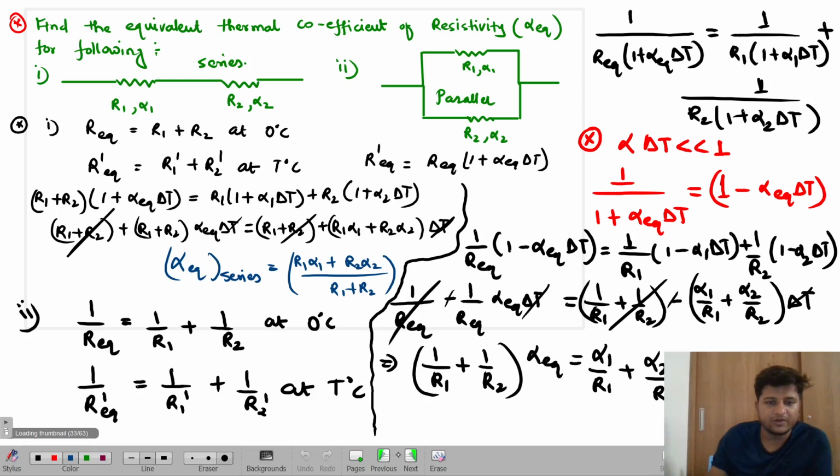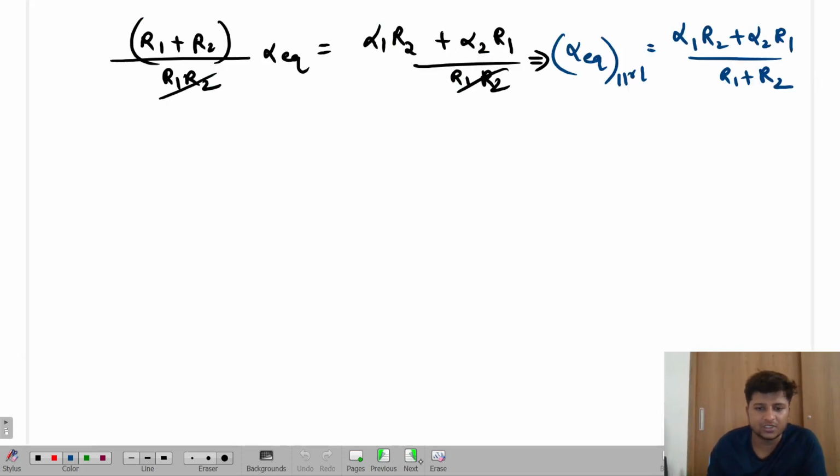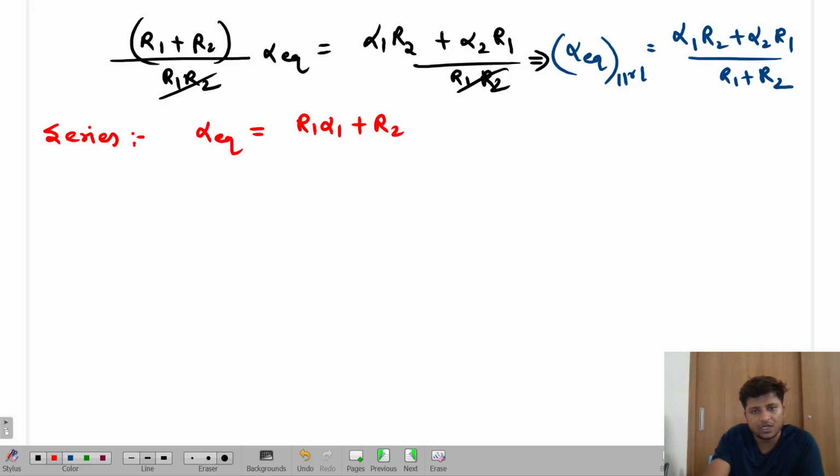So you got one very good result actually, that if I consider the series connection, alpha equivalent is R1 alpha 1 plus R2 alpha 2 divided by R1 plus R2.